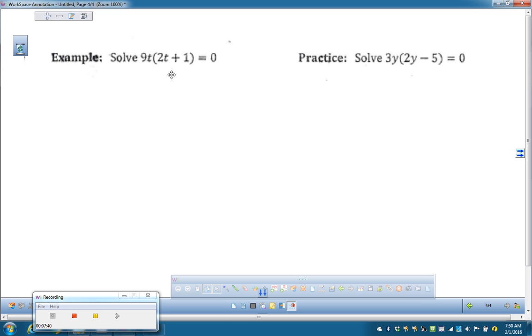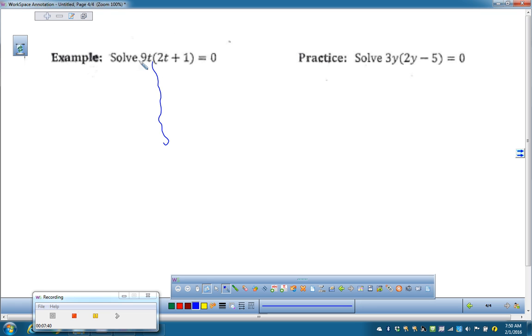All right. So with this one, all you have to do, it's already factored out. So if you see something like this, you draw a little squiggly line like this, and you say either this is going to make it equal to 0, or this is going to make it equal to 0. So you say either 9t equals 0, or 2t plus 1 equals 0. What's going to make this equal to 0 in this case? 0, right?